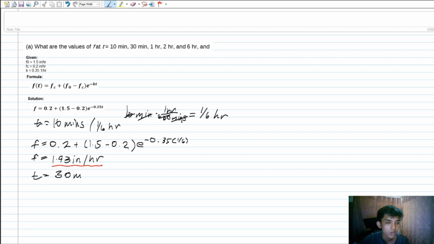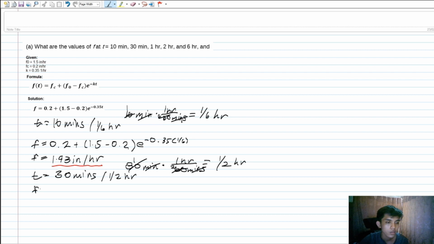Next is when t is equal to 30 minutes. Like what we did earlier, we will first convert 30 minutes to hours, where we need to multiply 30 minutes by 1 hour over 60 minutes. So we'll cancel this and this. This will become 2 and this will become 1, where 30 minutes will become 1/2 hour. Then we will substitute 1/2 hour to our t in the equation.